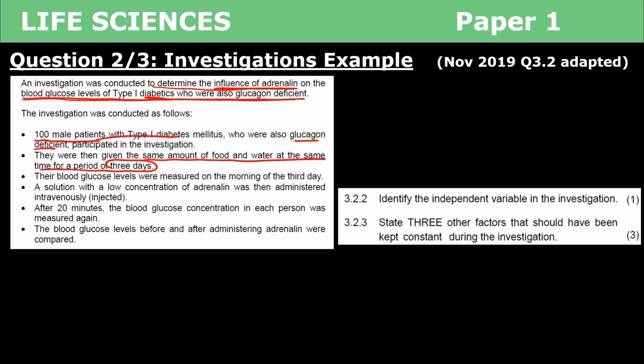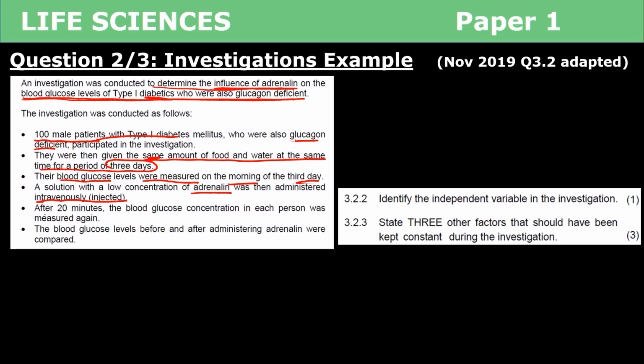That's the length of the investigation. The same, very important to note. Their blood glucose levels were measured. What did we measure? Blood glucose levels. On the morning of the 3rd day, a solution with a low concentration of adrenaline was then administered intravenously, straight into the veins.